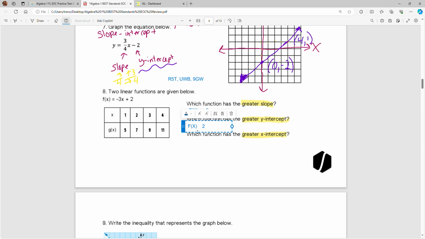Now to find my x-intercept of f of x, I've got to set my y, or my function, equal to 0. So if we look at that as y equals -3x plus 2, make the y 0 to see what's x when y is 0.